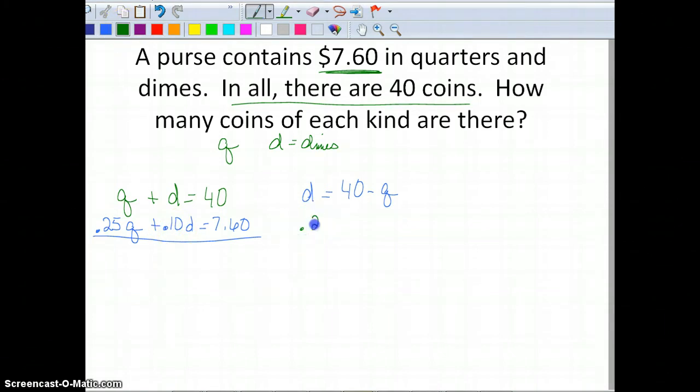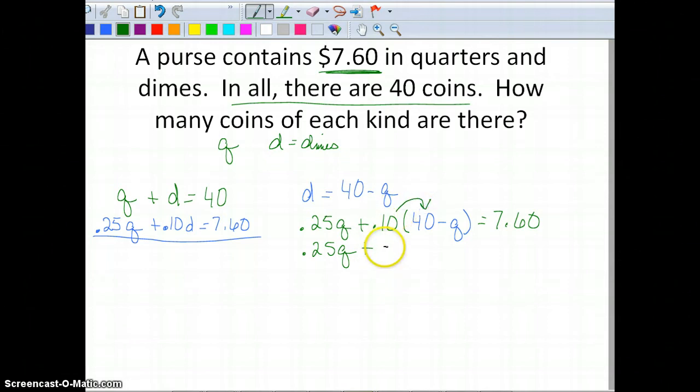So now I have 0.25 Q plus 0.10 times 40 minus Q is equal to $7.60. 0.25 Q, just bring that down, plus, let's see, 0.10 times 40.